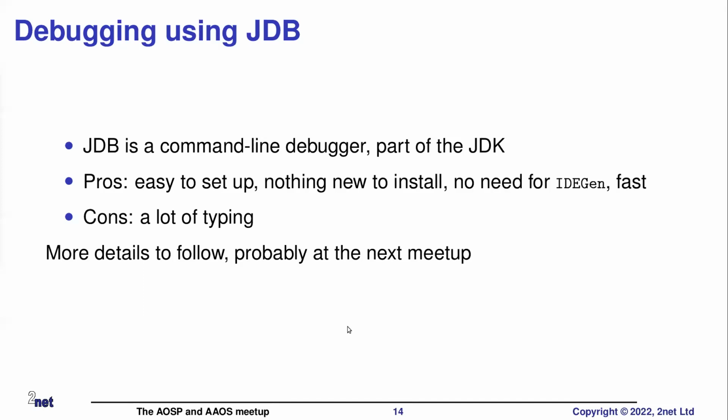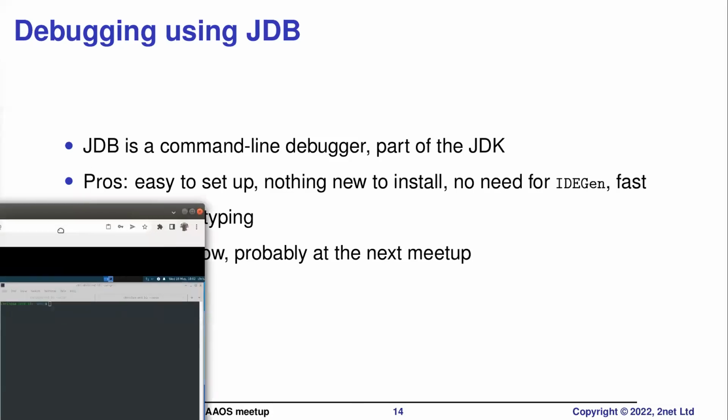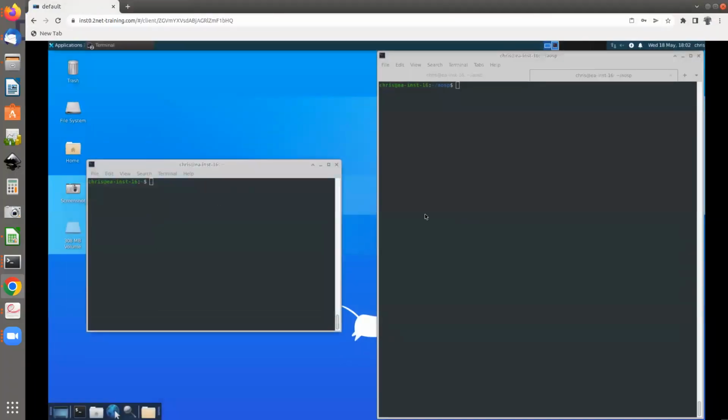Okay, so if you'll indulge me for a moment more, I want to attempt a quick live demo. Hopefully this is going to work, although I have a feeling it isn't. This is a VM running my AOSP build.